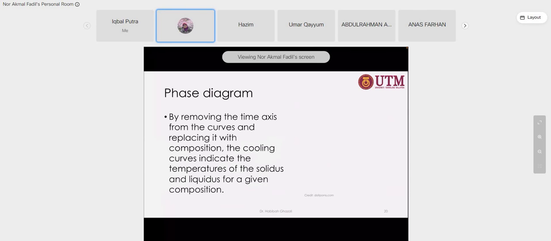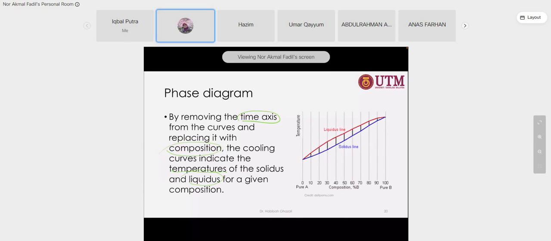So by removing the time axis from the curve and replacing it with the composition, the cooling curve indicates the temperature of the solidus and liquidus for the given composition, like this. So the gradient temperature is T1 and T2.